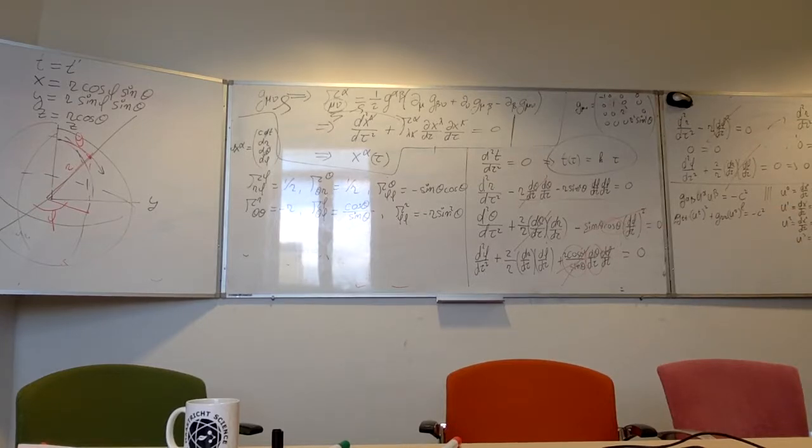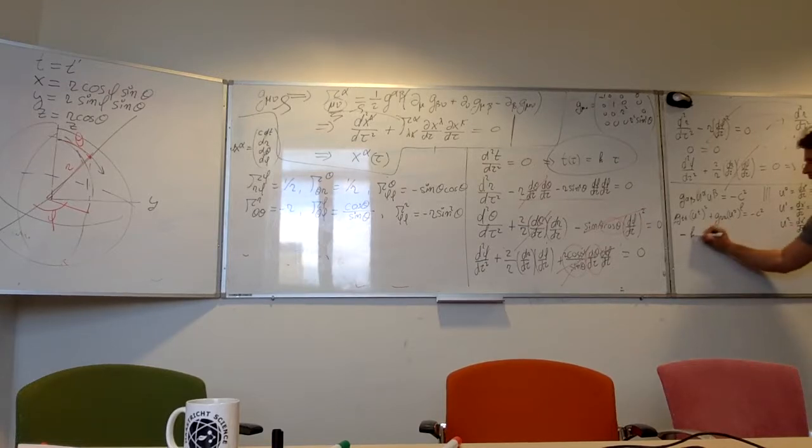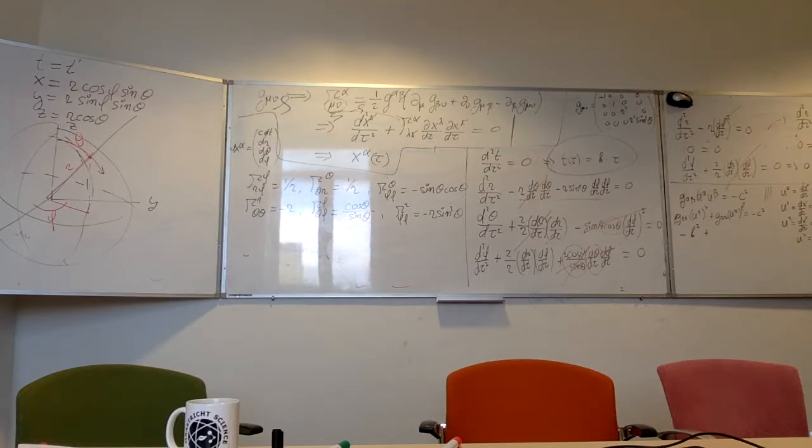Let's put in what we know. GTT, what is that number? Minus 1. UT, what is that thing? K. So that gives you k squared. But is it not minus the minus, so it should be 1?